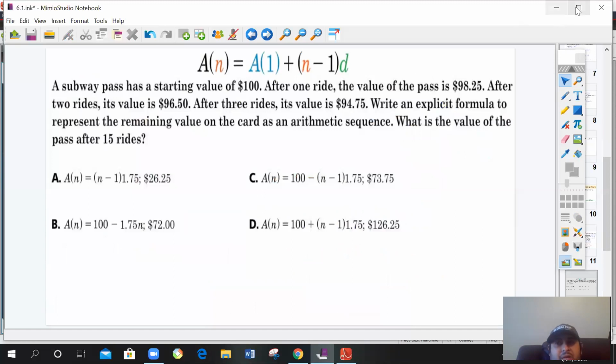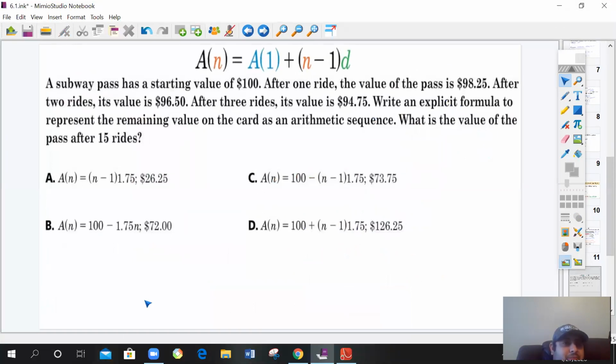All right, let's go ahead and practice this again. A subway pass has a starting value of 100. So the starting value is going to be your A1, so your A1 is going to be 100. After one ride, the value of the pass is 98.25.